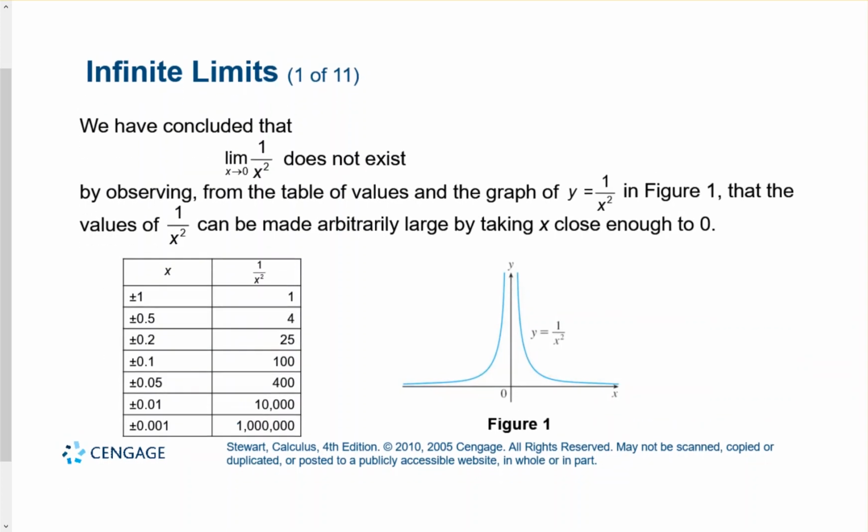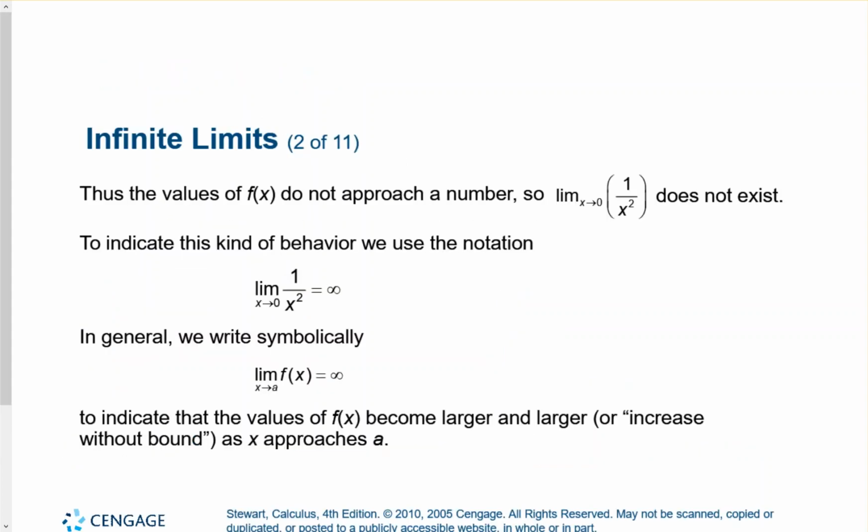And you guys will see as we get very, very close to 0, our function gets really, really huge. So we see that as we approach 0, our function goes to infinity.